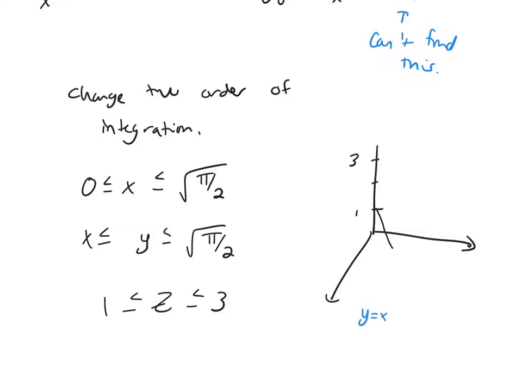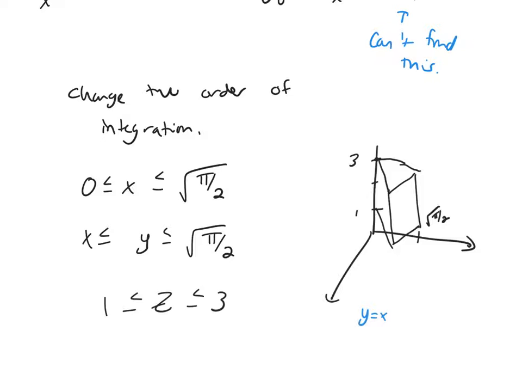And then it's stopping at square root of pi over 2. So I'm looking at this essentially prism region here.